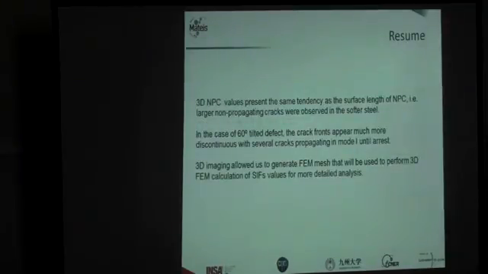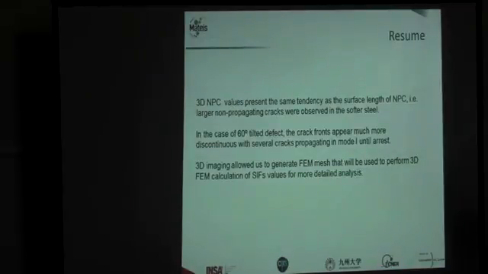The 3D non-propagating cracks present the same tendency as the surface length analysis. And in the case of 60 degrees tilted notches, the crack fronts appear to be much more discontinuous than in the 30 degrees and the 0 degrees.